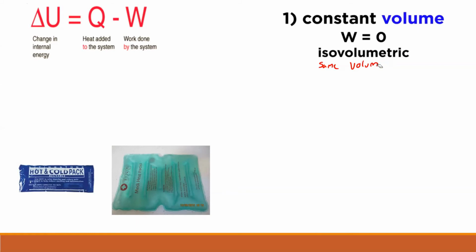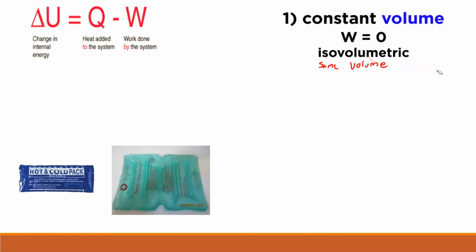And if there's no change in volume, then we can't really get anything going on, okay? This would be a closed system. So actually, I'm not going to write that. I'm just going to write if there's no change in volume.